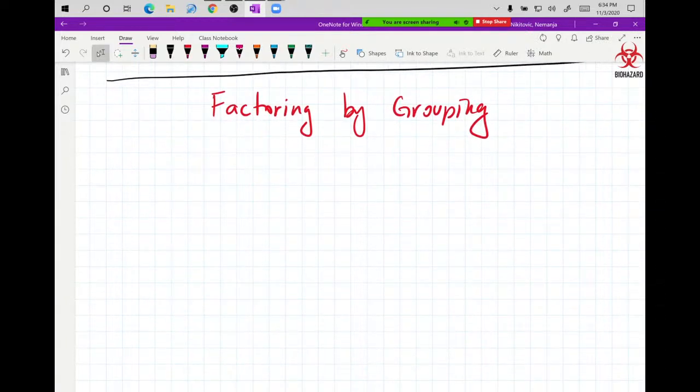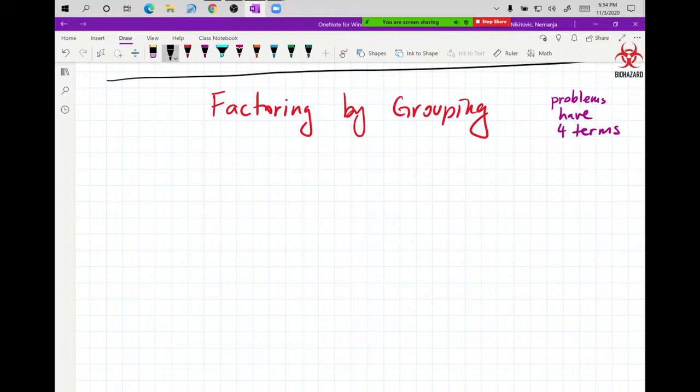Now, you are going to recognize factoring by grouping because those problems have 4 terms. I'll write it in, I guess, purple. Problems have 4 terms, because you will be grouping it into two groups of 2 terms.